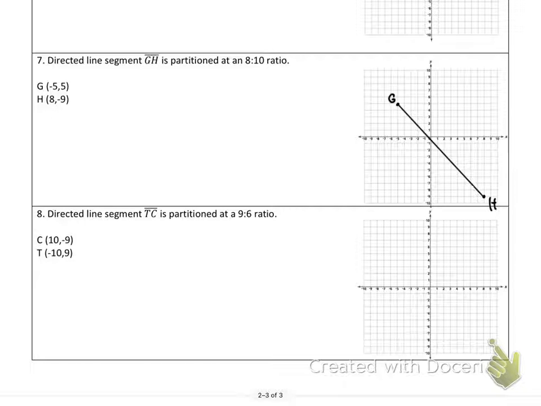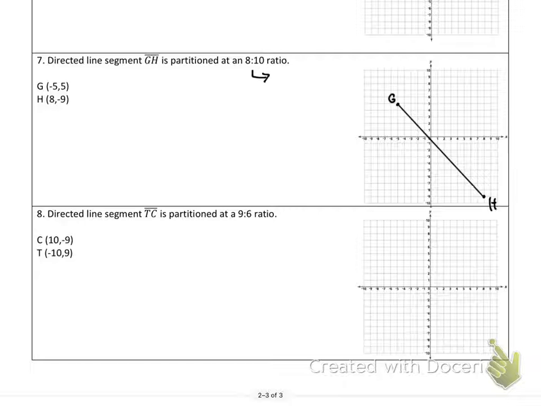So you guys have your reference page sitting right next to you, hopefully, and you can follow along with the steps. So what's the next thing that we do? Yeah, we want to change this ratio to a fraction.